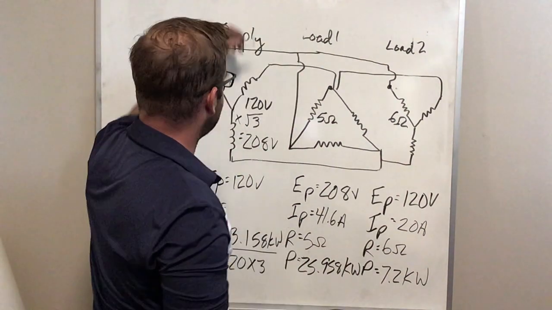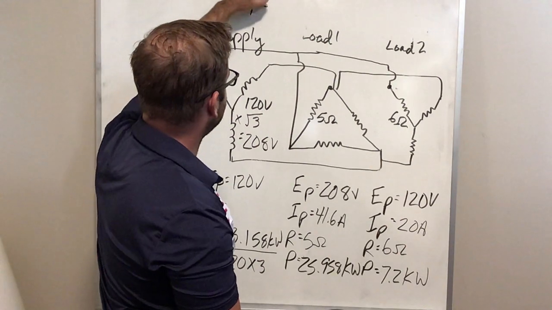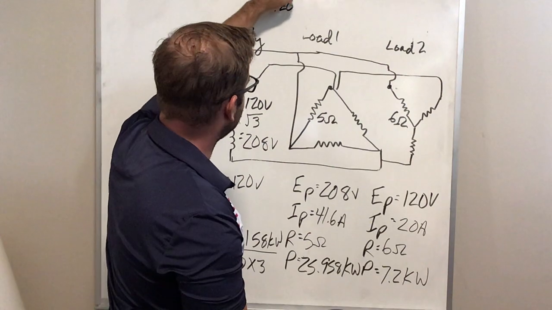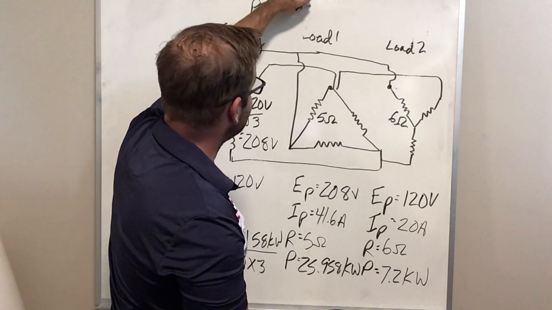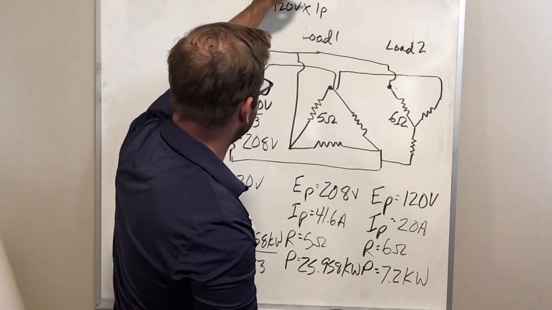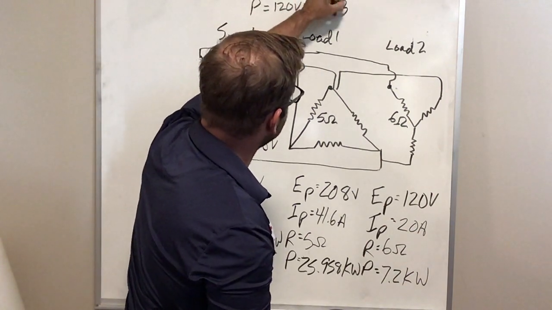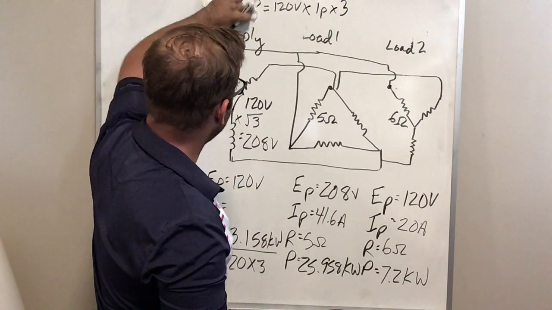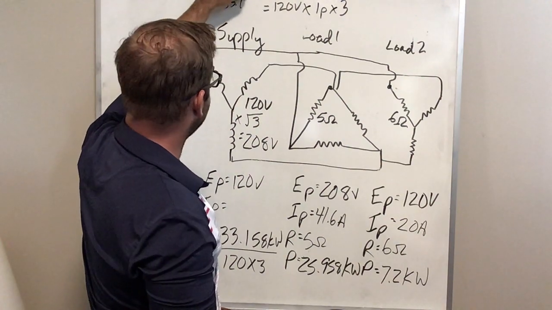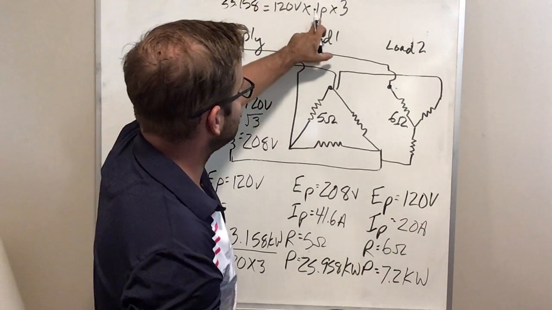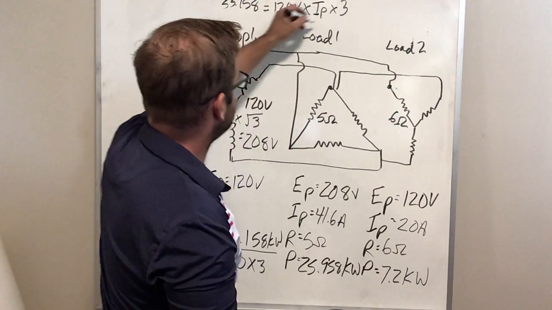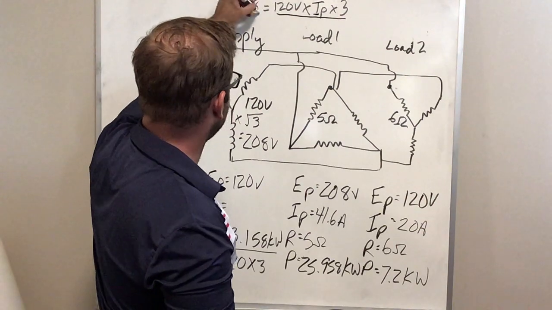And the way I found that was the formula that we had looked at, or the formula to calculate it would have been 120 volts, which was our E phase, times our I phase, which we don't know, times 3, and our total power that we calculated is 33.158, and we want to isolate our I phase by itself, so we would just divide both sides by the same thing.